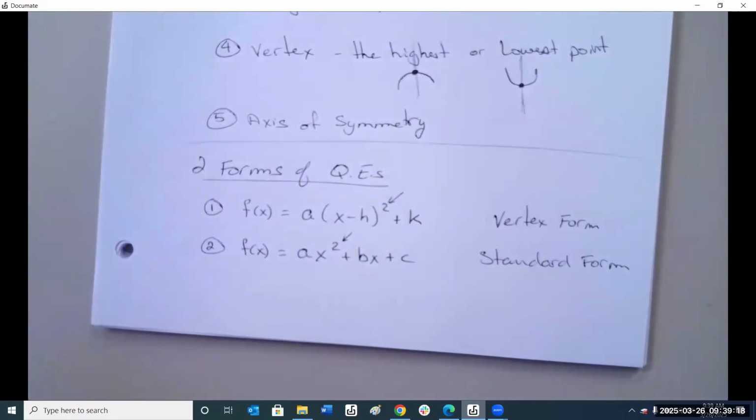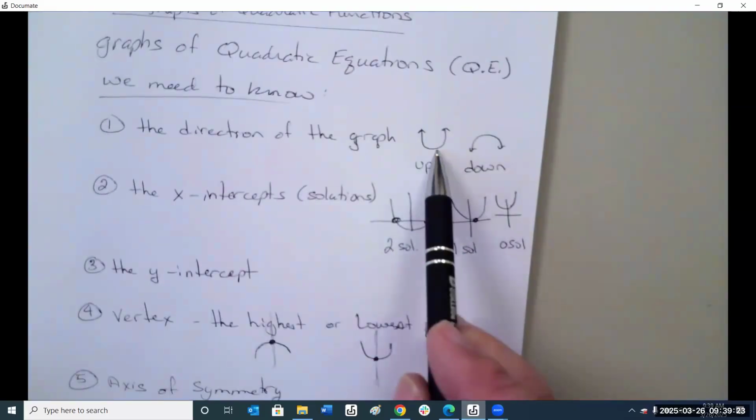Now, once we know they're quadratic equations, we only have to determine, does it open up or down?